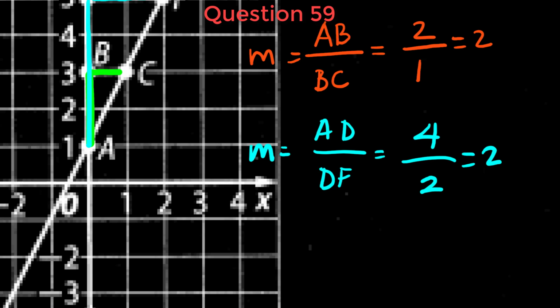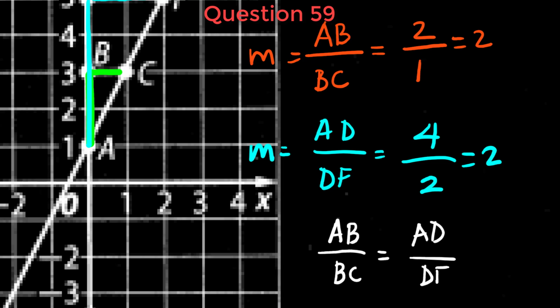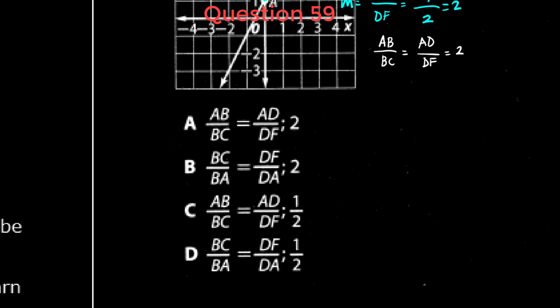So the ratio of AB to BC is going to be equal to AD over DF, and they both give me the same exact slope because they're similar triangles, of 2. The answer choice that gives me this proportion correctly is A.